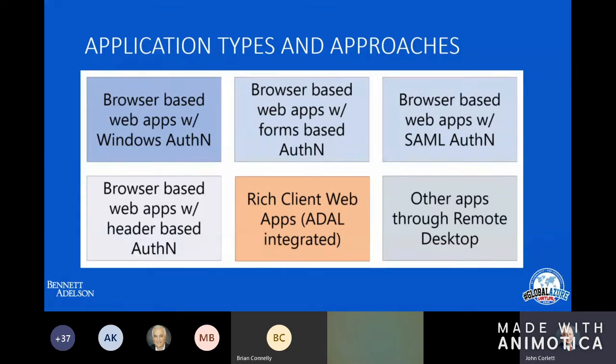So we can use browser-based web apps with Windows auth or forms-based auth, browser-based apps using things like SAML or header-based auth. There's even support for rich client web apps that leverage ADAL, or other apps through something like Remote Desktop.